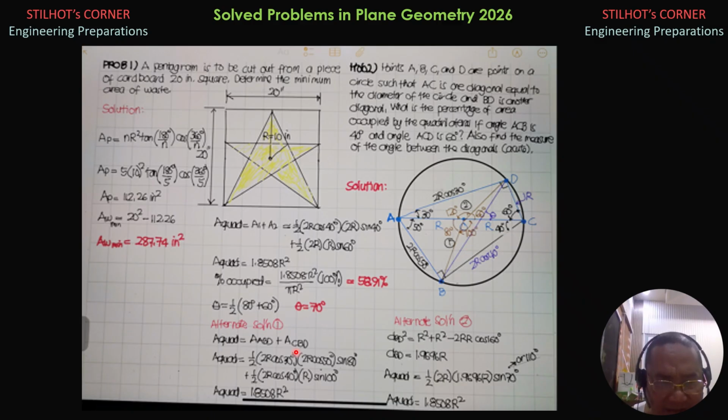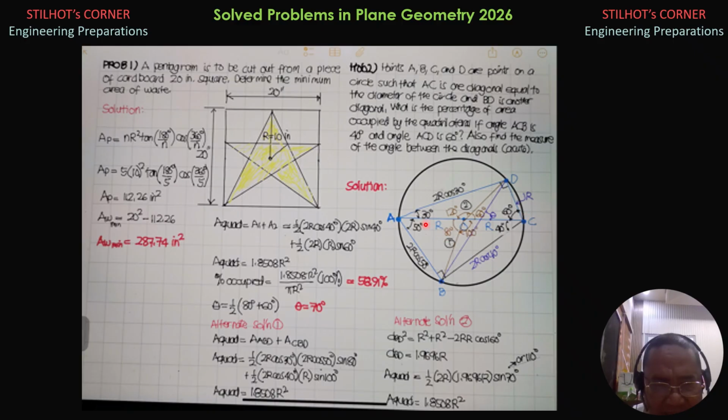Now this is the alternate solution to the calculation of area of the cyclic quadrilateral. It is equal to area of ABD, this triangle here, plus area of triangle CBD.